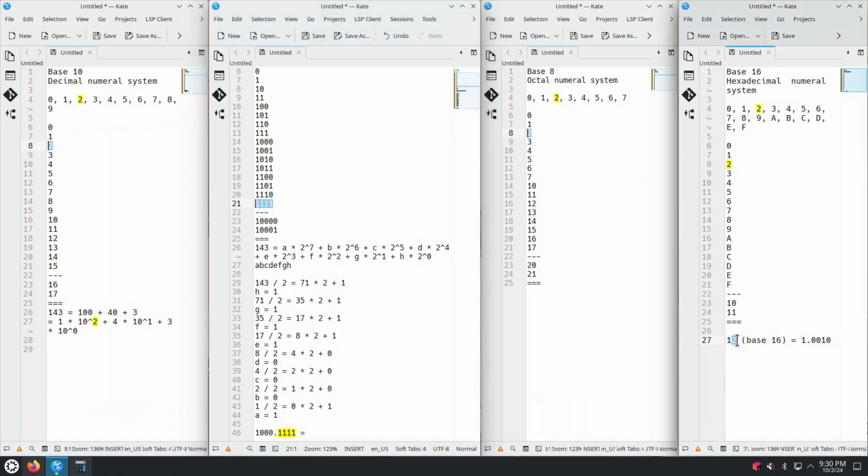So this 2 is this guy, but it should be 4 digits, not less. And then this one is this one, but it should be 4 digits. Like this. This is 4 digits, this is 4 digits. If we convert this base 2 number, we'll get 12 in base 16.